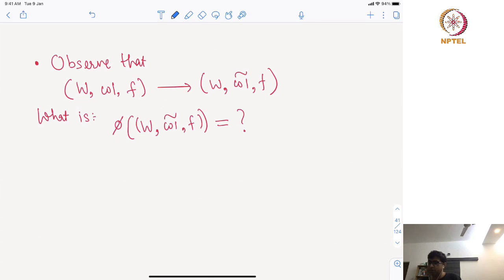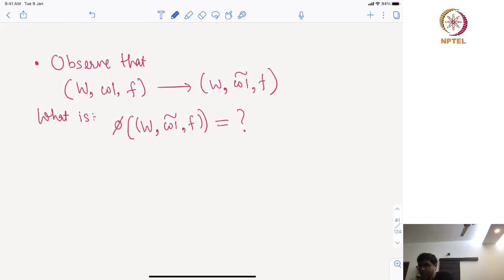So what can we observe? We can observe that (W, col, f) maps to (W, col tilde, f). But let's ask ourselves, what is phi of (W, col tilde, f)? Notice that the lexicographically first pair will not change.